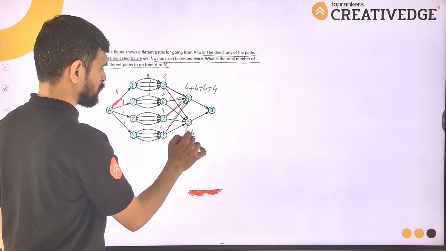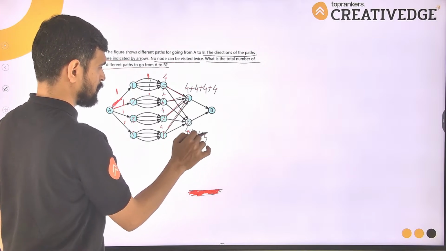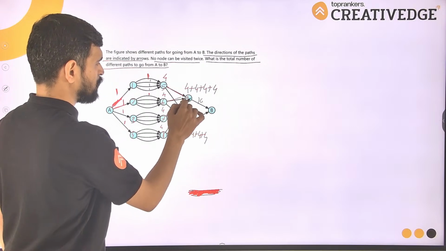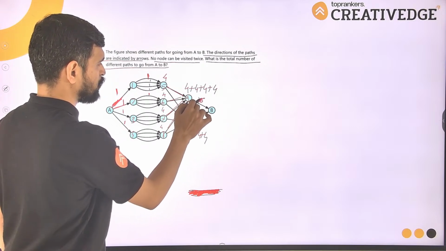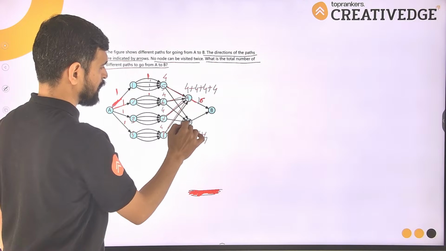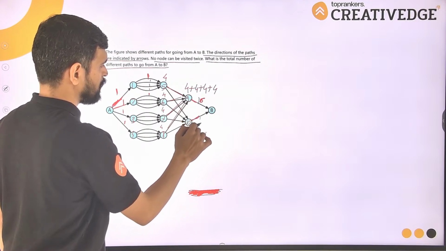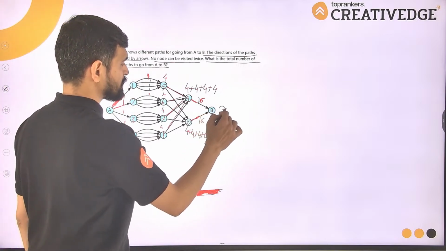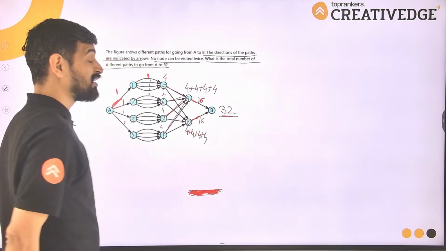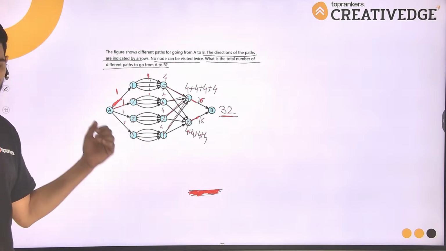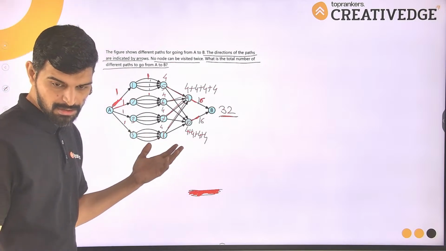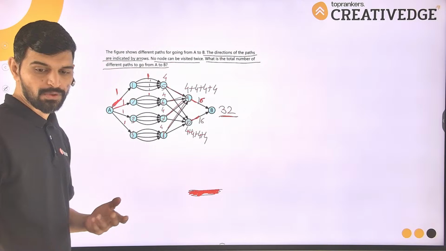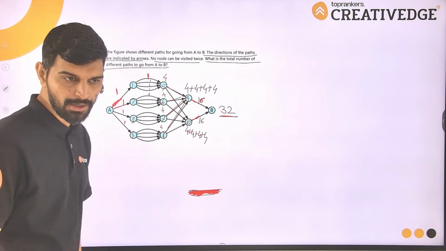And the arrow coming out from 9 and 10 will have a weight of 16. So the answer to B will be 32. Rather than counting each route, if we go about this in this manner, it will give you a quicker answer. All right.